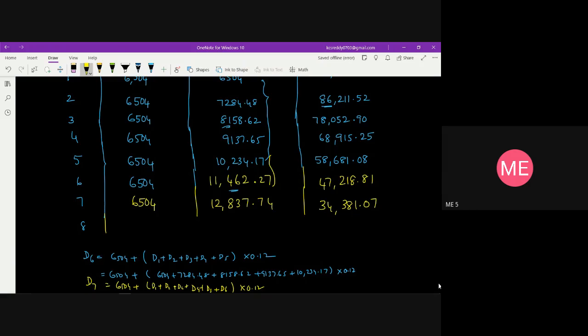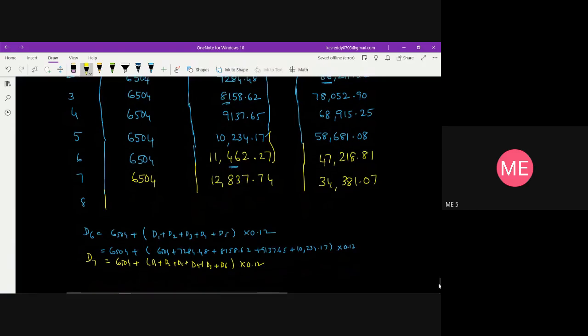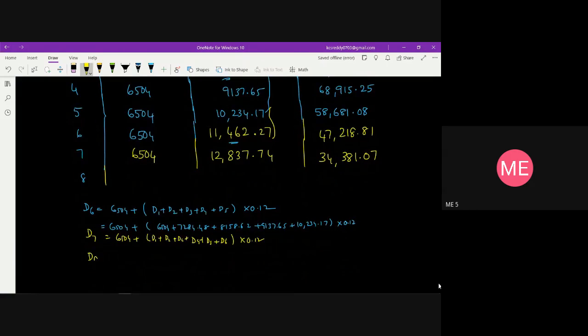In a similar fashion we need to calculate D8, which is equal to 6504 plus the summation of i equals 1 to 7 of Di into 0.12. Here, i equals 1 to 7 means D1 plus D2 plus D3 plus D4 plus D5 plus D6 plus D7.